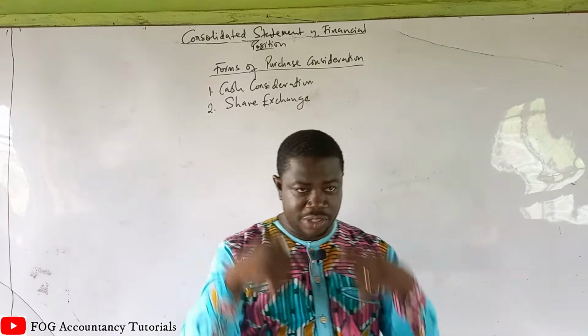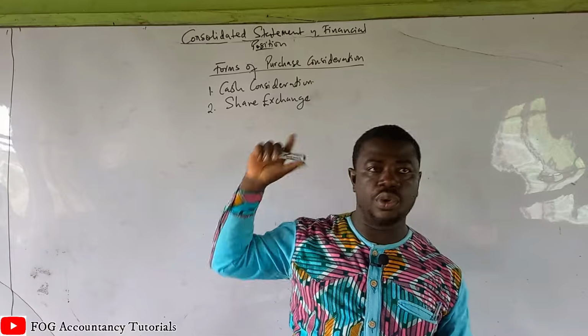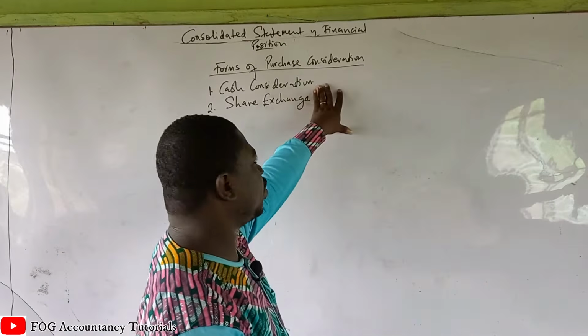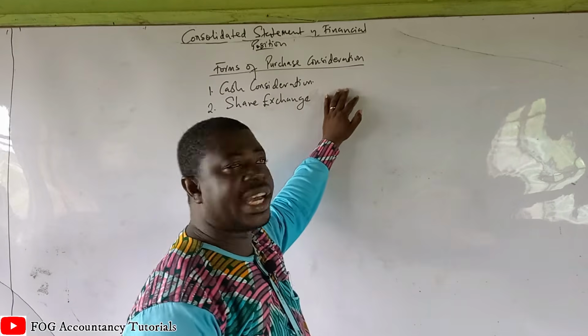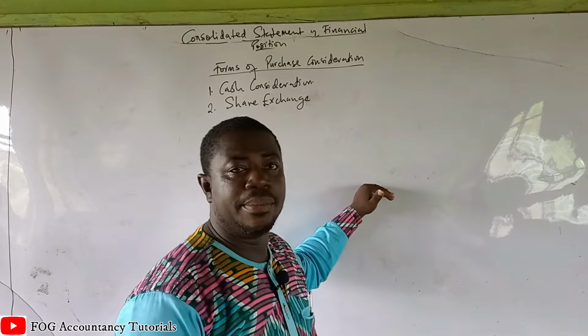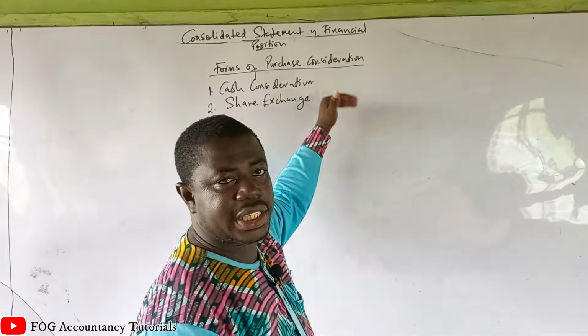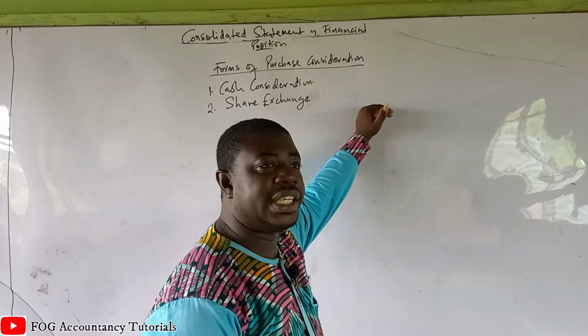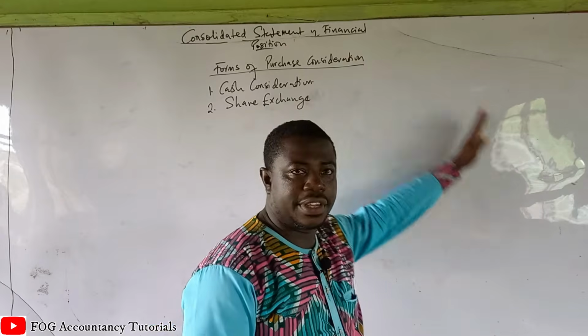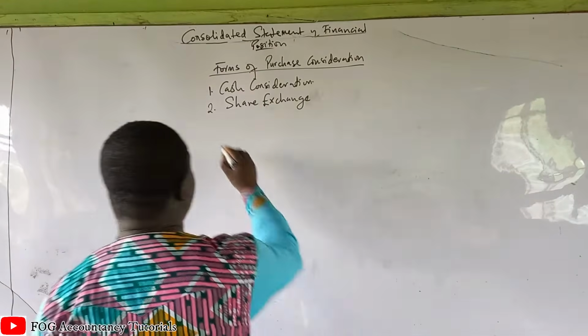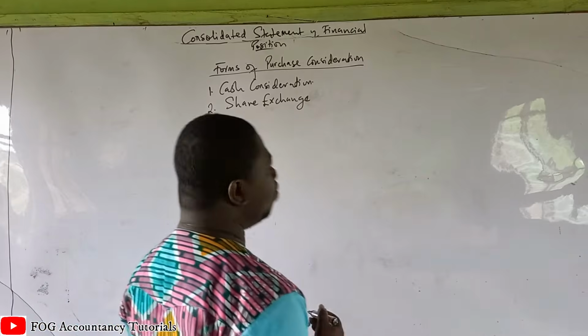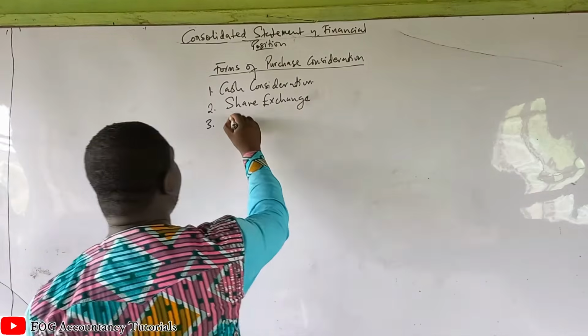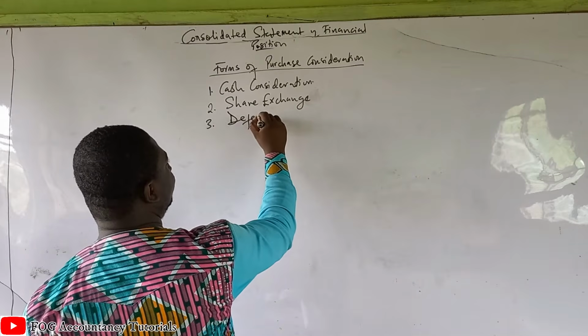Even to get the purchase consideration, you have to go through workings. If there is a cash consideration, you pick it. If there is a share exchange, you calculate the value by the procedure that I gave: the number of shares times the share exchange factor times the price of the share. Then the last form is called deferred consideration.